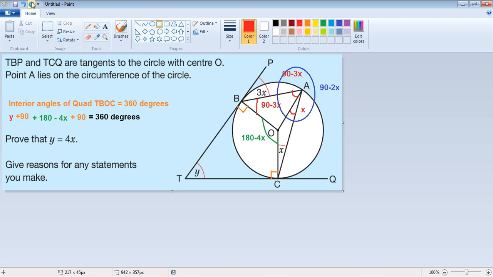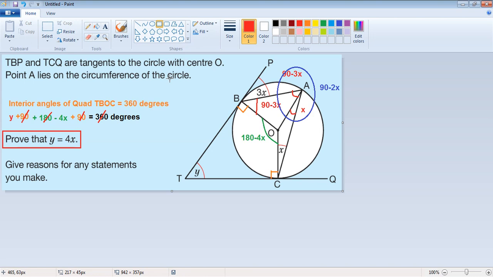As you can see, I have 90 plus 90 plus 180, so I have 360 degrees here, and 360 degrees on the other side. So I can cut out all of these numbers. At the end I'm gonna have y minus 4x equals 0. And so we have proved that y is equal to 4x.